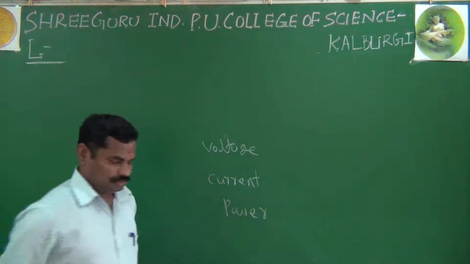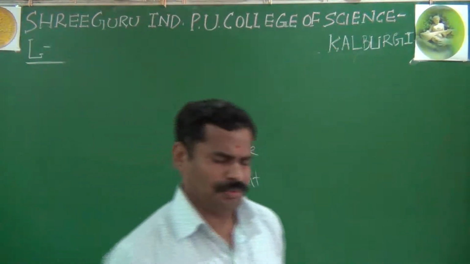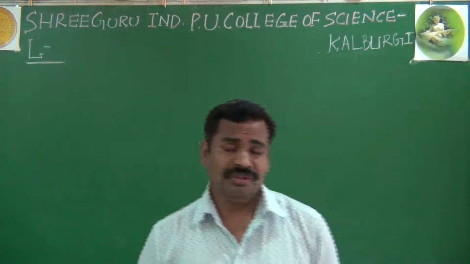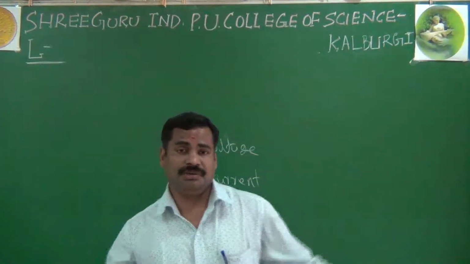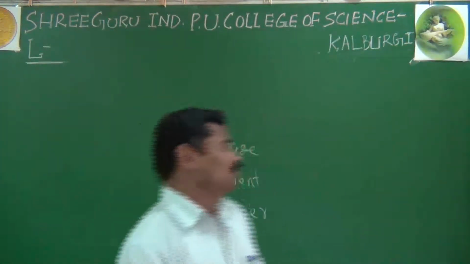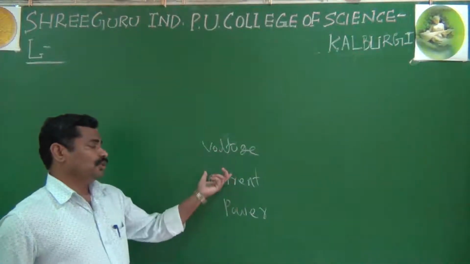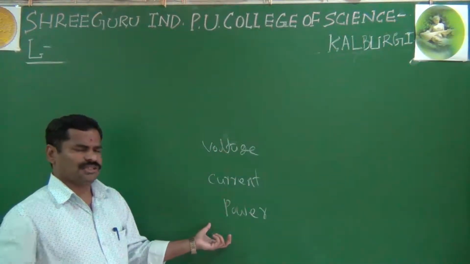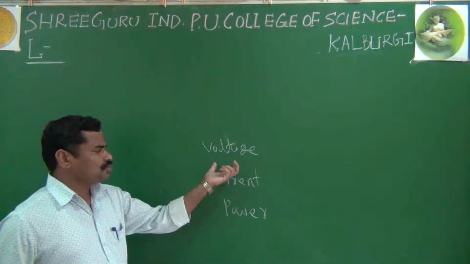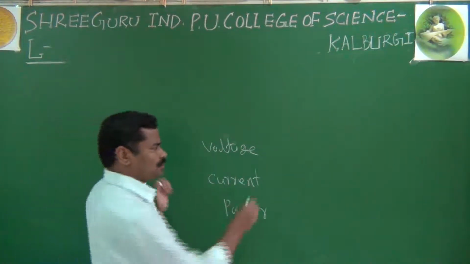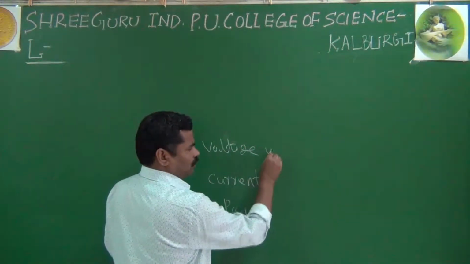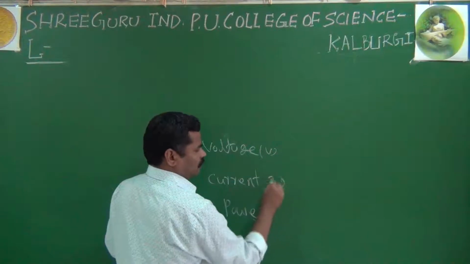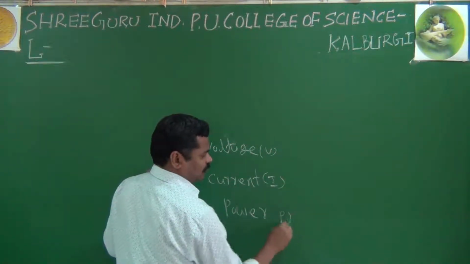These are the important parameters of any oscillator, any rectifier, any amplifier. That's why I said in yesterday's class that our electronics is called VIP: V, I, and P.